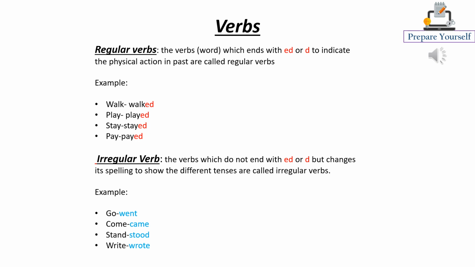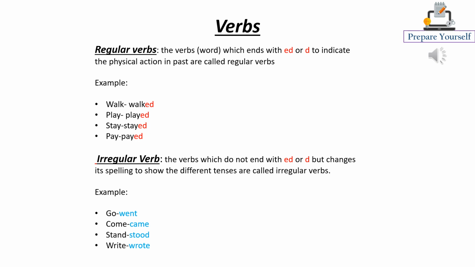The verbs which end with ed or d to indicate the physical action in the past are called regular verbs. The examples are walk, walked, play, played, stay, stayed, pay, paid.